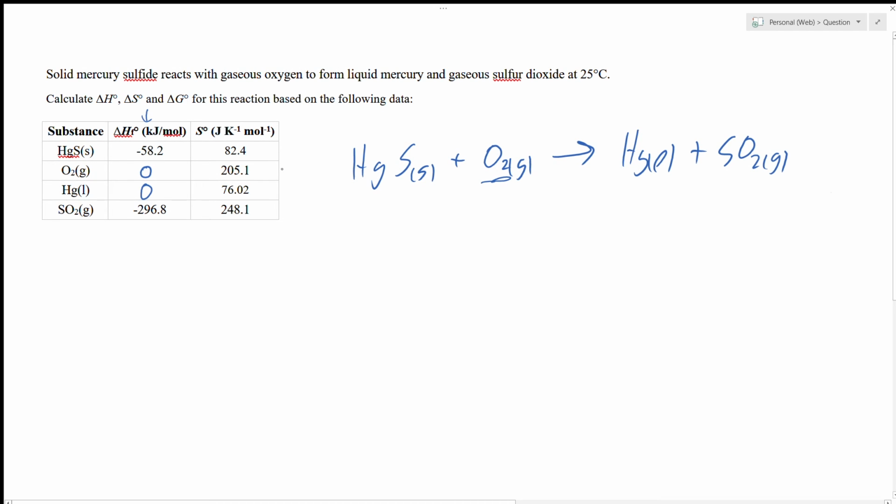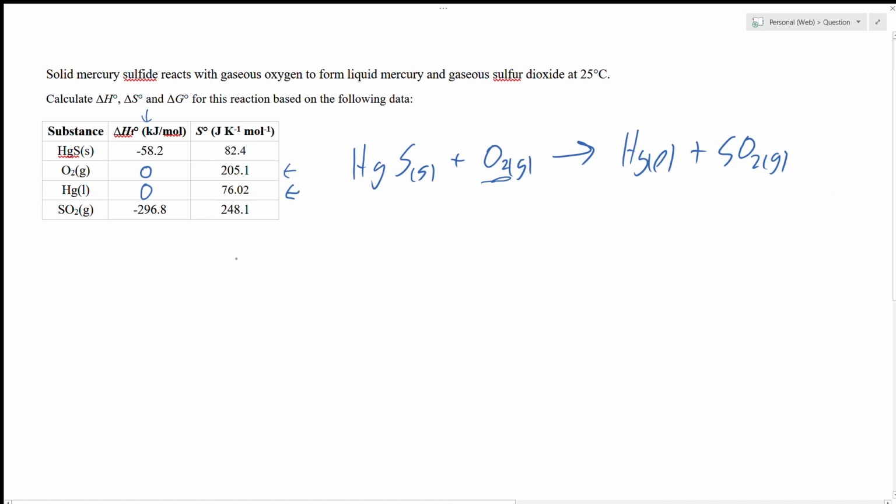We can see here that now the entropy of oxygen is not 0, because the third law of thermodynamics says that the entropy of something has to be 0 at 0 Kelvin. So at 25 degrees there's going to be some motion of molecules, so there's going to be some entropy involved in the material. Likewise with liquid mercury, it's going to have some disorder associated with it.